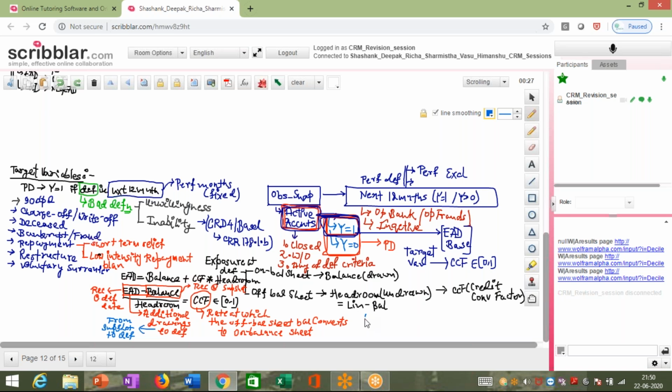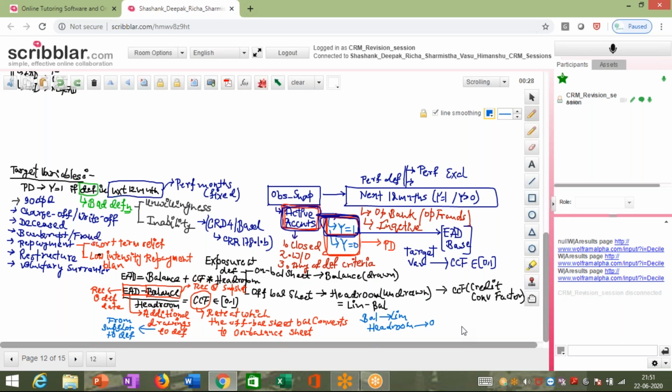So when the balance tends to the limit, the headroom tends to 0.